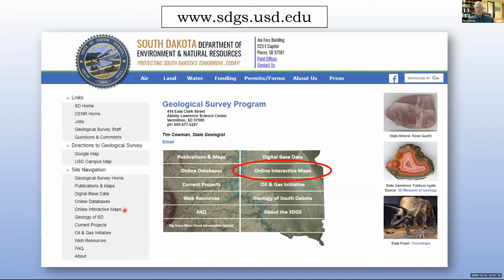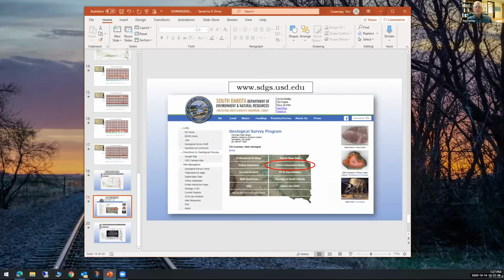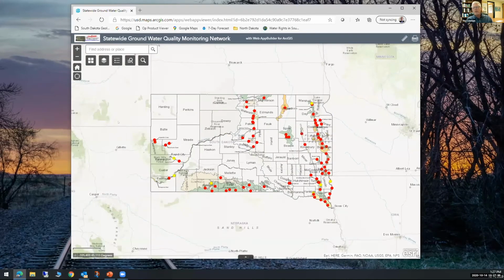But if you go through the geological survey's home page, you just click on online interactive maps, and one of them that you can pick from will be this statewide groundwater quality monitoring network. So I'm going to just go directly to the website now and show you some stuff live.